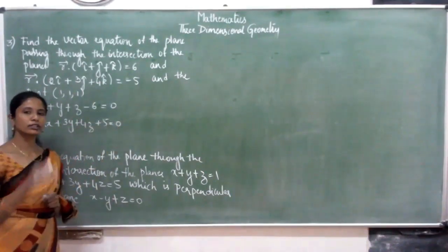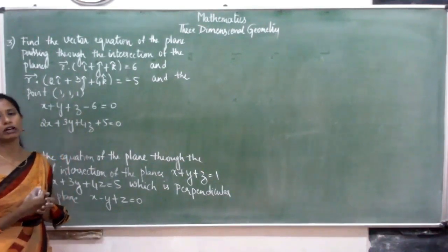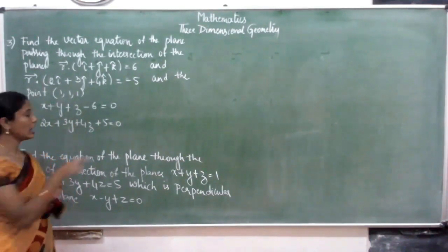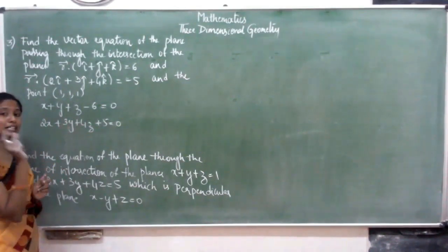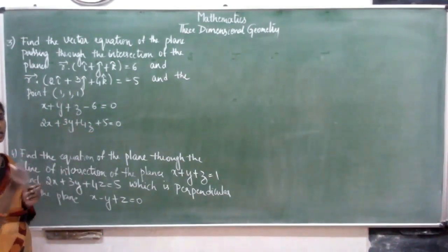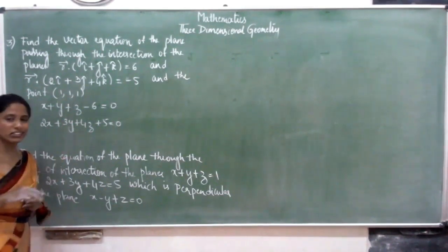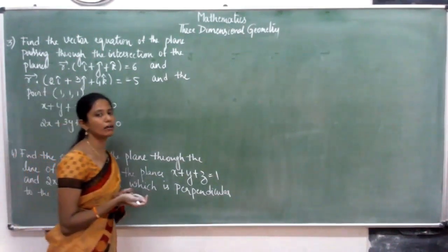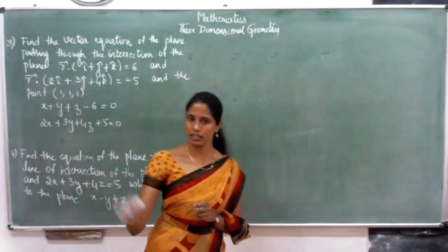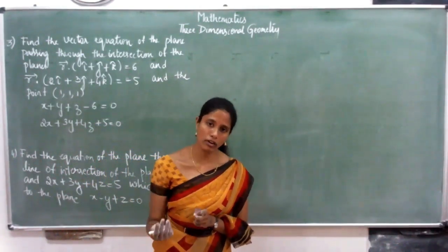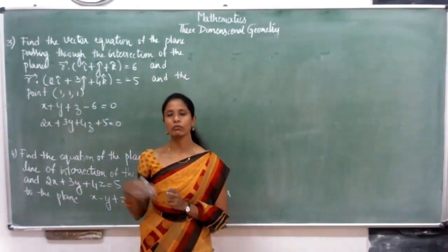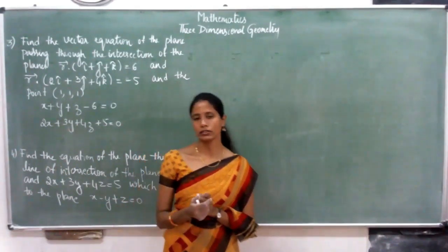Substitute the first in the place of a1x plus b1y plus c1z minus d1, and the second in the place after lambda, a2x plus b2y plus c2z minus d2, and simplify further. Find the value of lambda. After finding lambda, substitute in the first equation so that you get your Cartesian form. After getting the Cartesian form, you can easily write it in vector form.